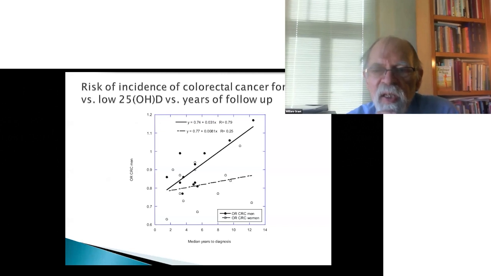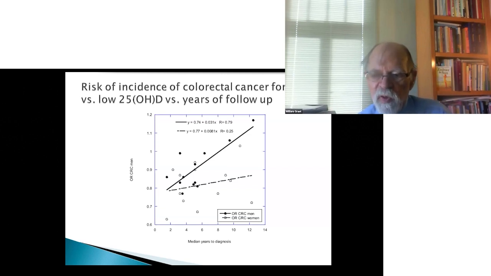Now, it turns out another consideration in observational studies is that the longer the follow-up time, the lower the observed effect. In other words, 25-hydroxyvitamin D changes as a function of time. So does diet.